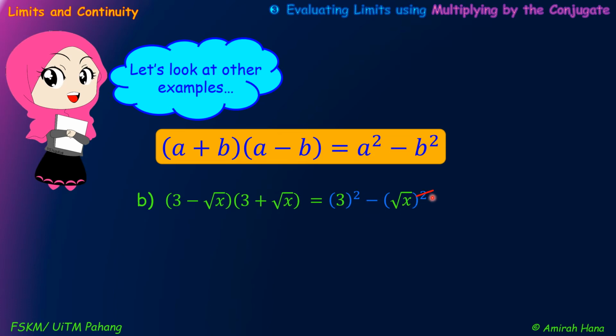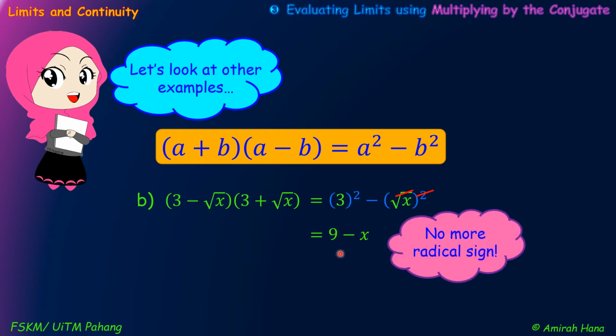After that, we can simplify the square and the radical. 3 squared equals 9, and then minus x, after we simplify the square and radical here. So from here, you can see that there is no more radical sign. That's why we multiply with the conjugate if the function is given in radical.